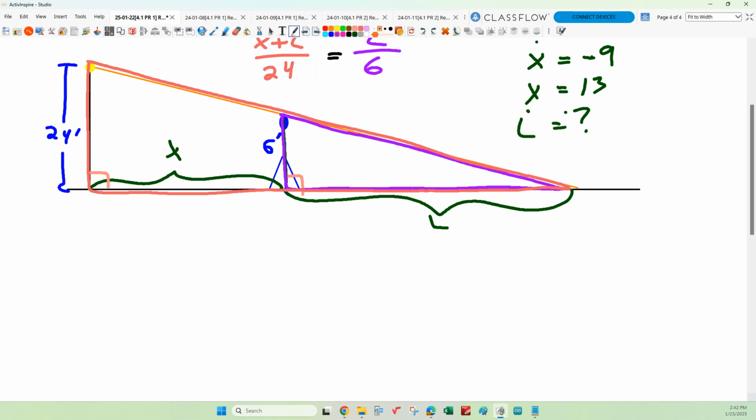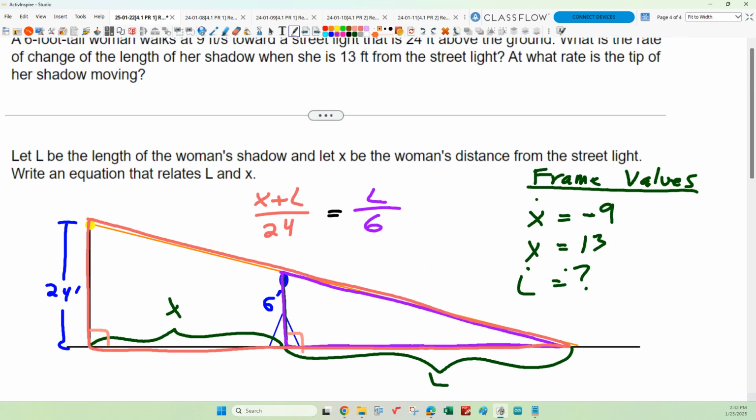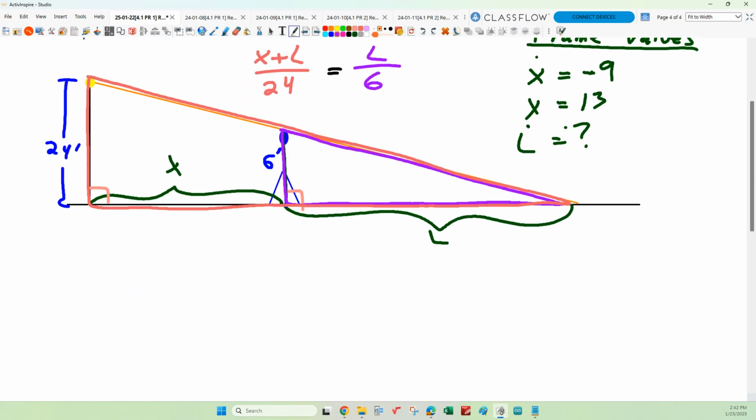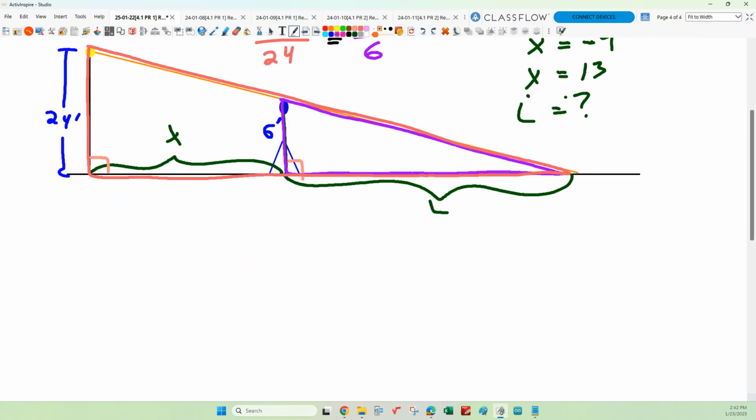Well, not her, she's moving. Relative to the lamp, right? That's really asking how fast the tip of her shadow is moving across the ground, agreed? That's what the second part is asking. So I might have to define another variable for part 2 of this.